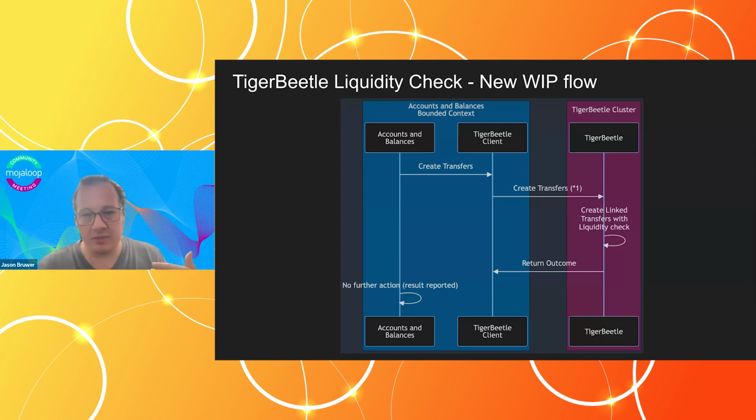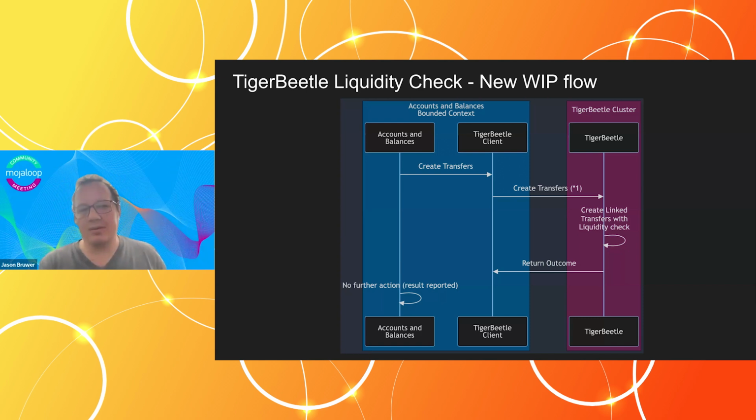But from a high level, what we're doing now is not having a separation. You will always just have one single call, and that is what you see over here. In comparison with the create transfers from the previous flow, you'll simply take a set of transfers. Each prepare and fulfill in Mojaloop actually has more transfers created in TigerBeetle.